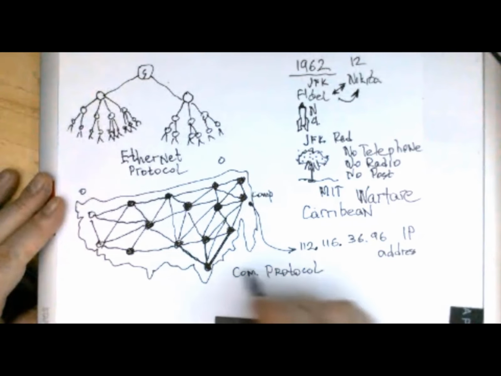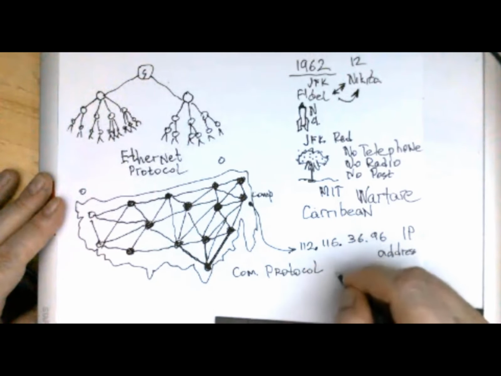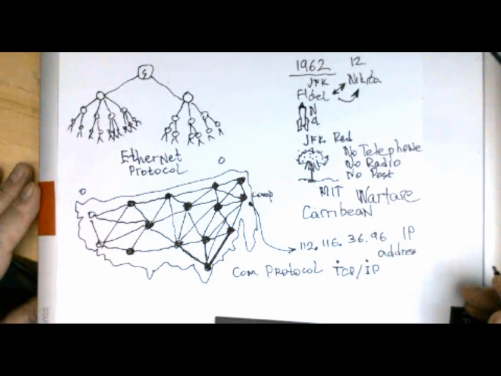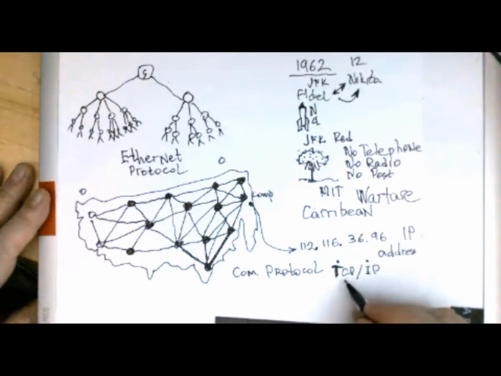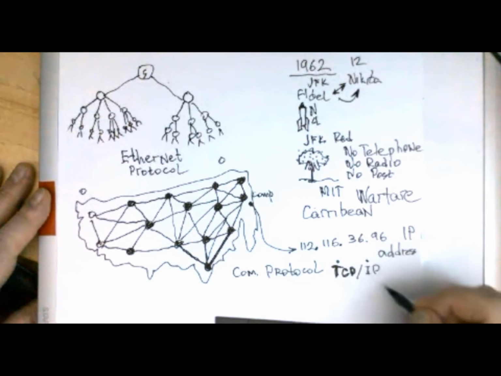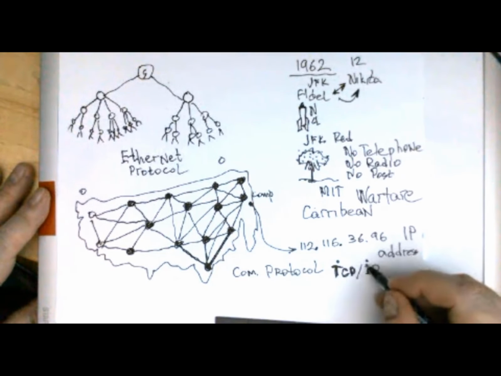The communication protocol that was created for this network is named TCP/IP. What is TCP/IP? Transmission Control Protocol, write it down for yourself. Transmission Control Protocol, Internet Protocol.